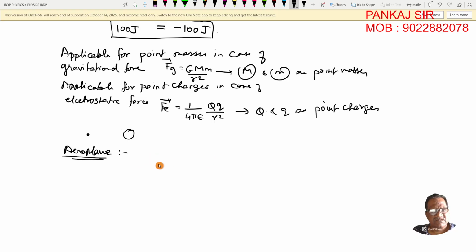So suppose this is you standing somewhere on the airport, and there's a huge plane over here. This is a very huge mass, this is comparatively very less mass, and this distance is also very small, compared to when you are on the earth's surface.